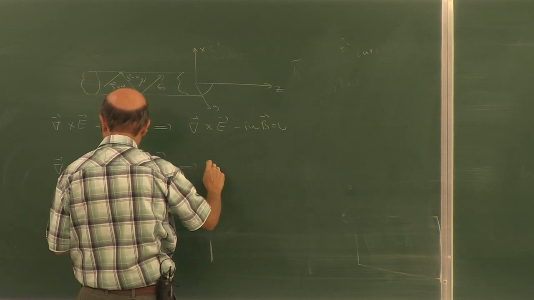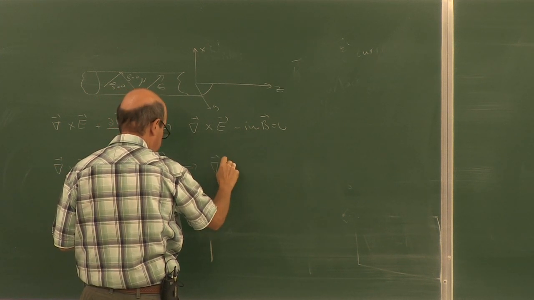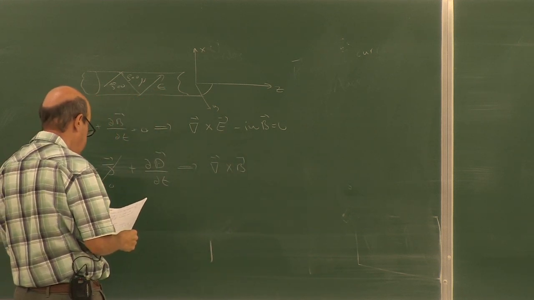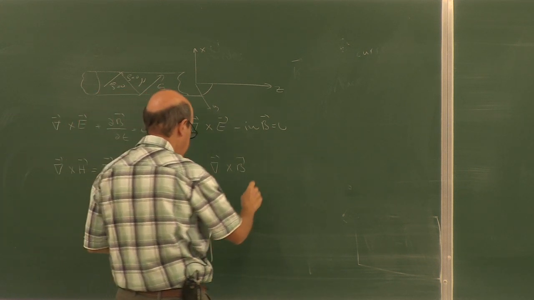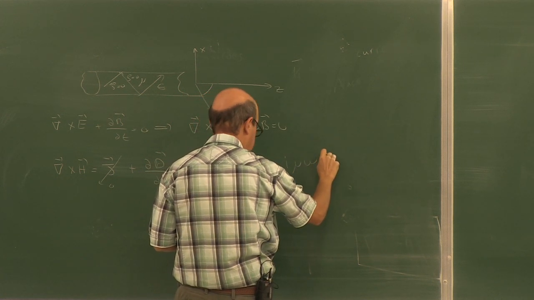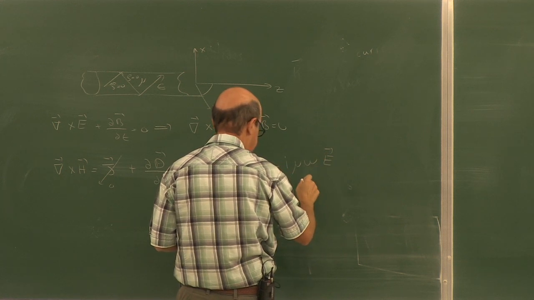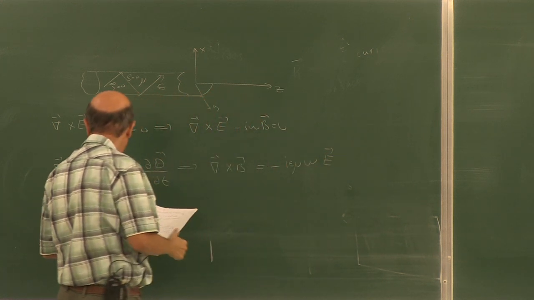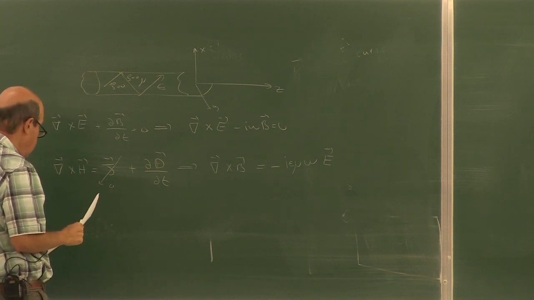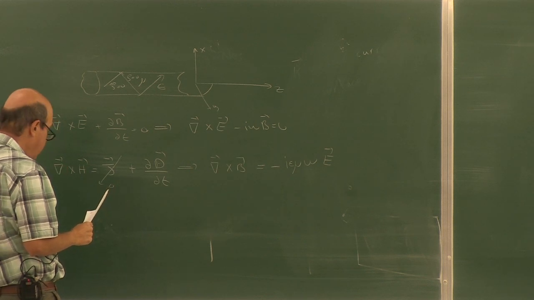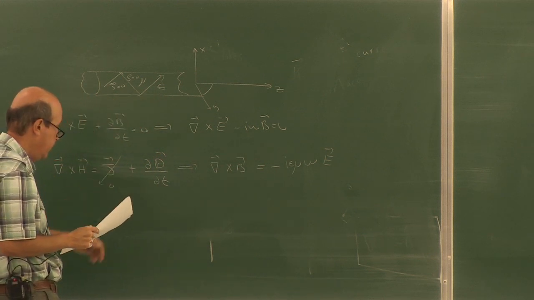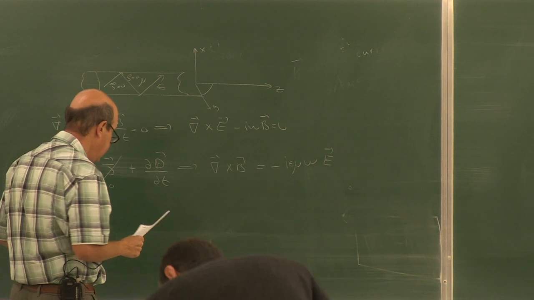Then that takes the form of curl of B. You can write B and H using the magnetic permeability, and that will be equal to minus i mu epsilon omega E. So H you can write in terms of B over mu, mu goes there, and D is epsilon E, and del over del t is minus i omega, you get that.